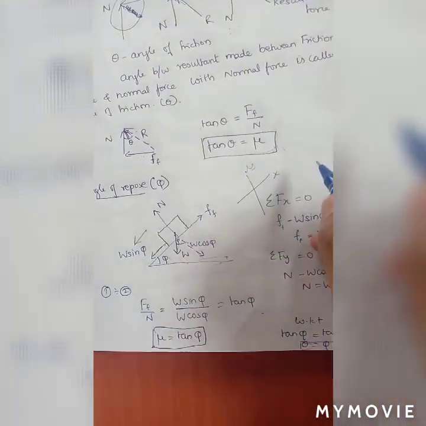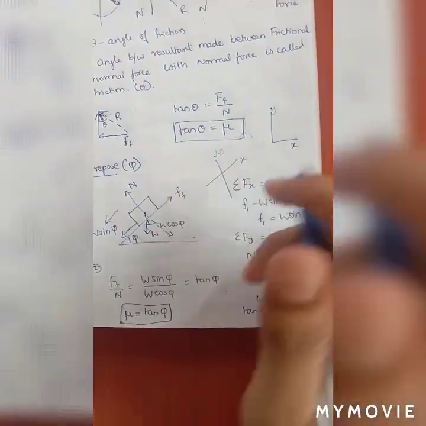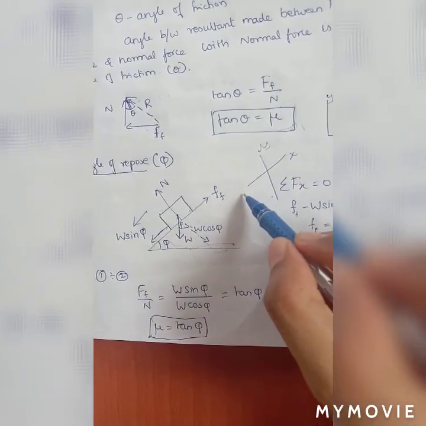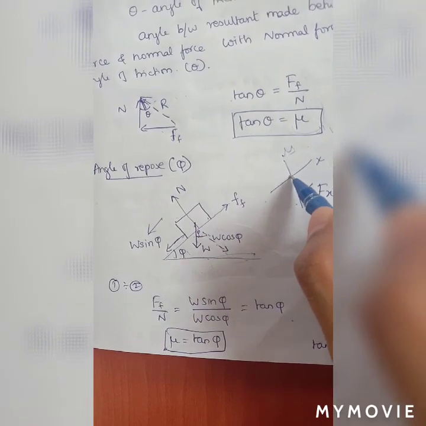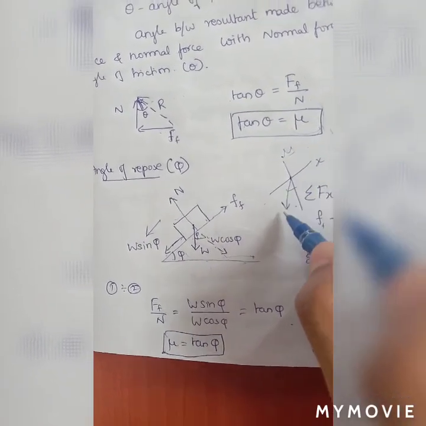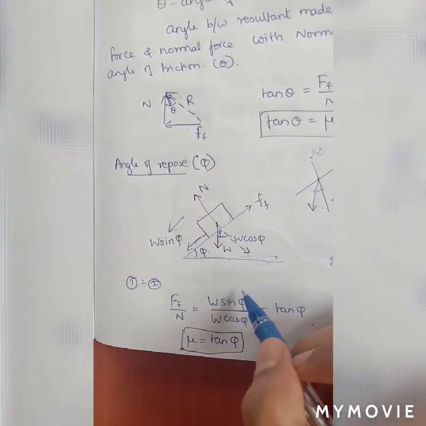In the earlier cases we discussed, x and y were taken with a horizontal surface. Now x is along the surface and y is perpendicular to it, and your weight is acting straight vertical. So this is an inclined force compared to these coordinates.